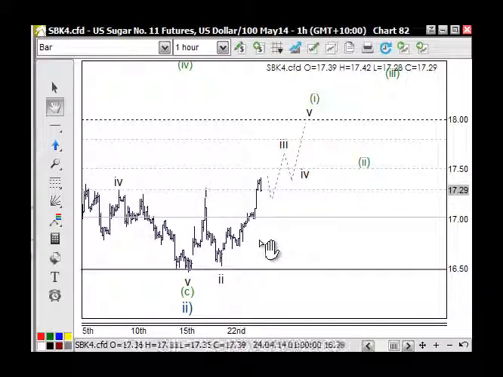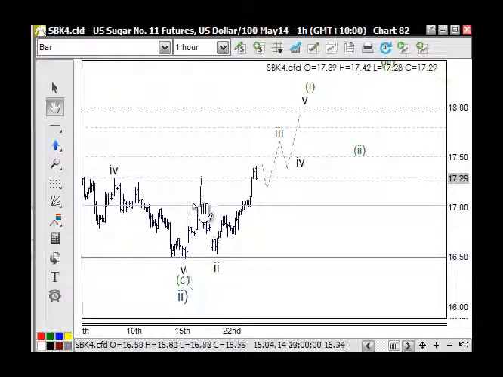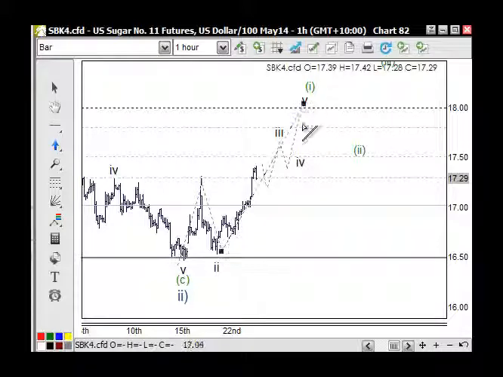Now the risk is that this move up here, even though I'm counting it as 5 waves, it's really only 3 waves so far. So we've got 1, 2, and 3. Even when it comes up to here, it's still 3 waves up here, which is 1, 2, and looking for 5 waves here. Well, that's still corrective. We'd still need 4 and 5 here. We'd still need a 5-wave structure.